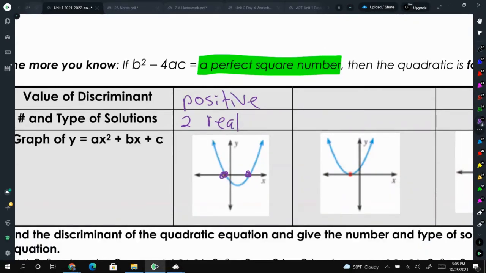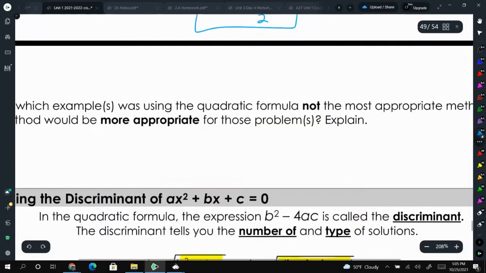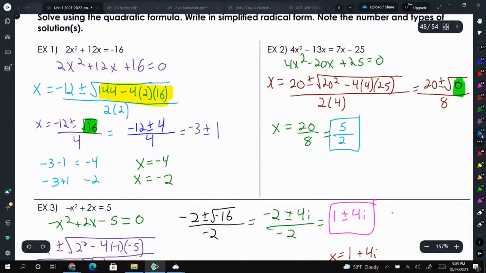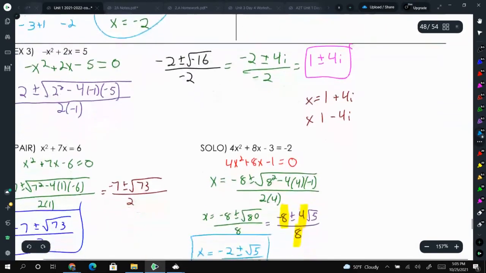And you can also tell if the value of the discriminant is positive by looking at the graph. If the discriminant is 0, so I type in the stuff under the square root and I get 0, that means there is 1 real solution. And if you look up here, we had that in examples 1 and 2. Example 1, the discriminant was a positive number and I had 2 solutions. In example 2, the discriminant was 0 and I had 1 solution.